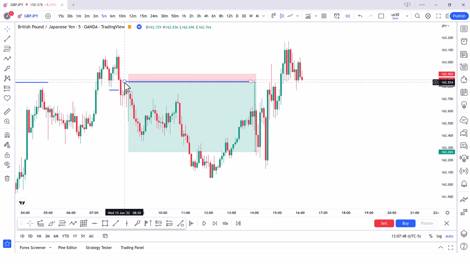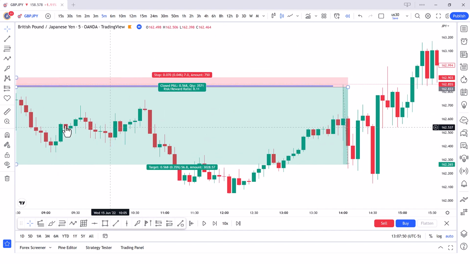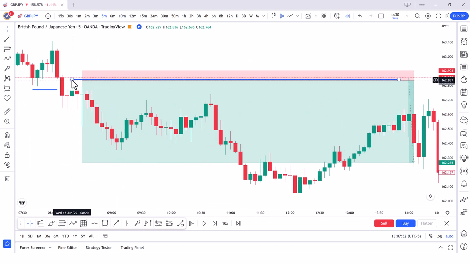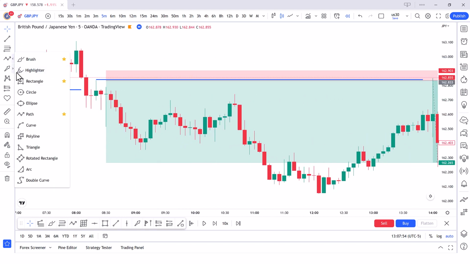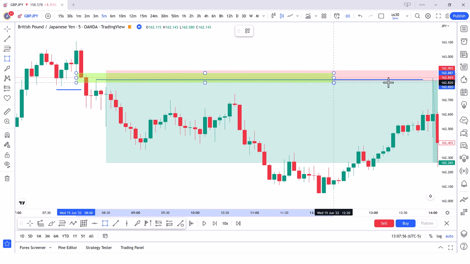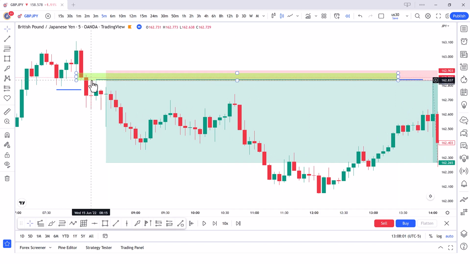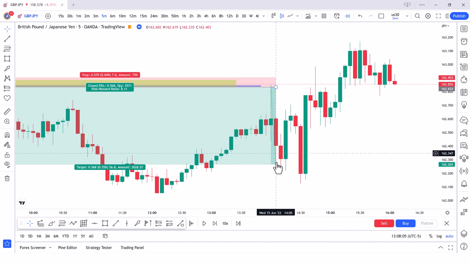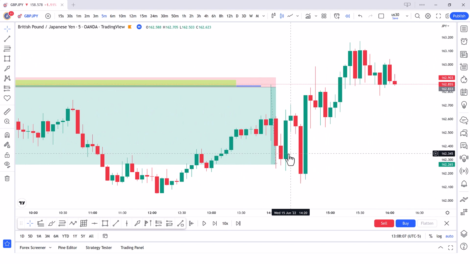You can see that the high of this green candle is our point of liquidity. Here is our imbalance, because it is the place between this shadow and this shadow, and we can enter on that imbalance, and it provides us with a high reward to risk ratio.